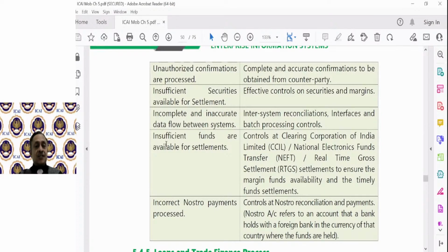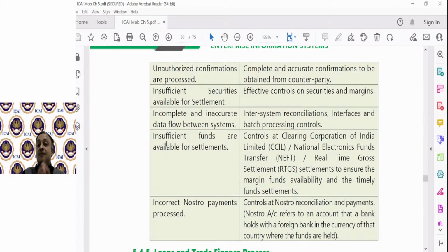Then, insufficient securities available for settlement. The control is effective controls on securities and margins. You've read the term short selling. Short selling means you sell something that you don't have in your pocket. In the share market, short selling is used, and treasury operations have a direct or indirect link to share transactions and share markets.